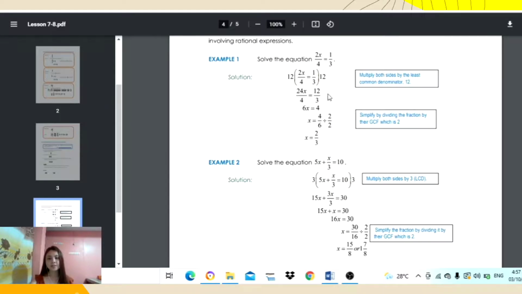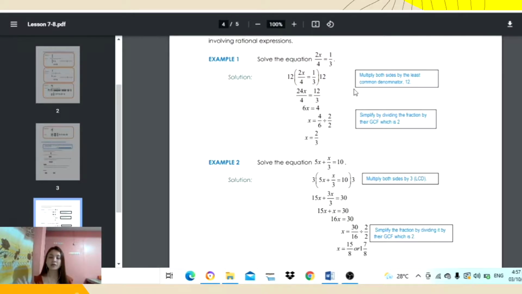So first, since the denominators of the expressions on both sides are not the same, we'll have to multiply both sides by the least common denominator, or the LCD.